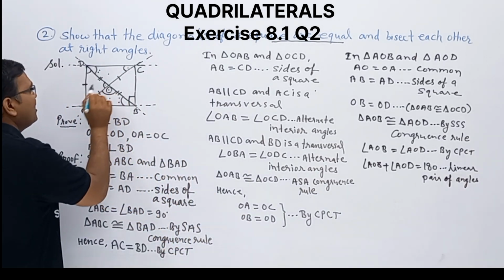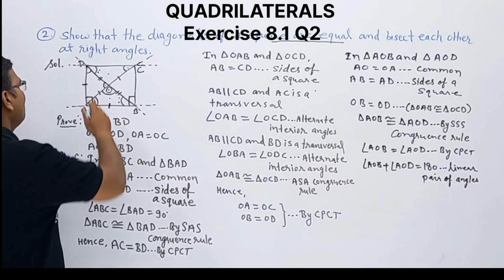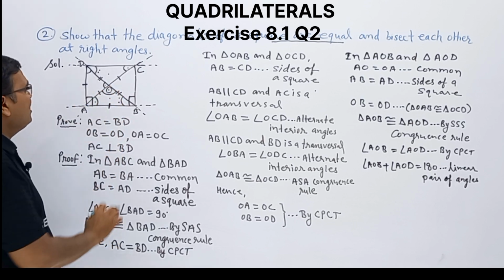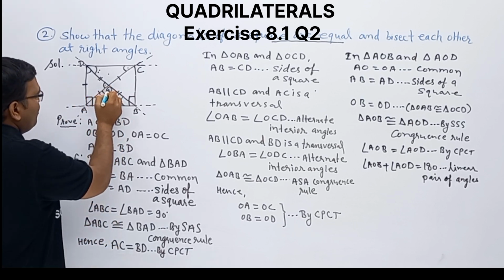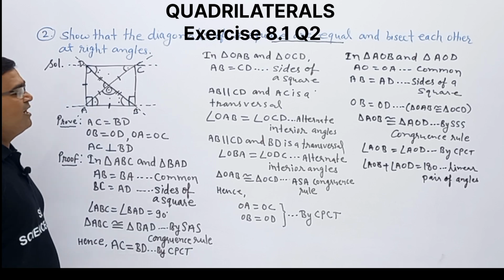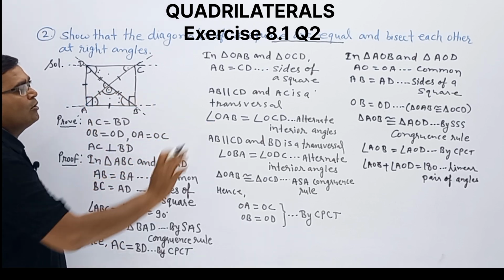Sum of both angles will be 180. One straight line is there, one ray is standing, then sum of angles on that straight line will be what? 180. So sum of both angles will be what?